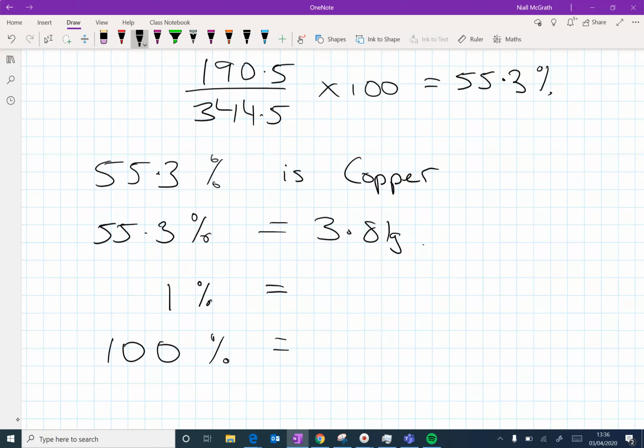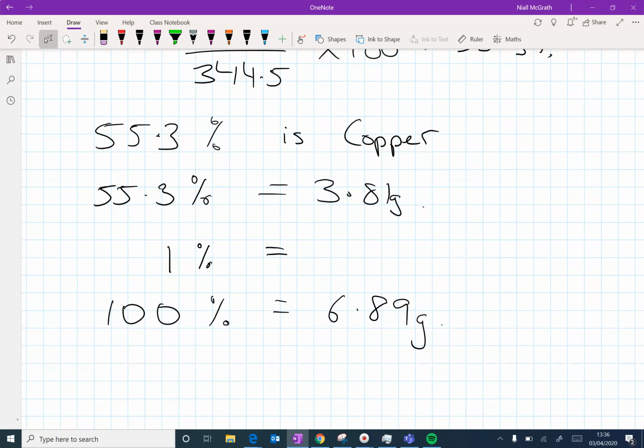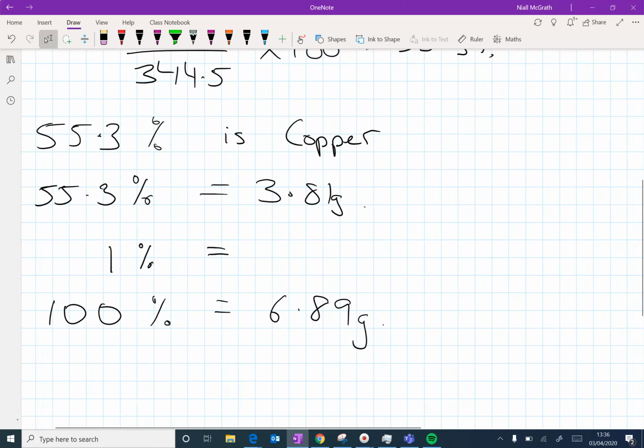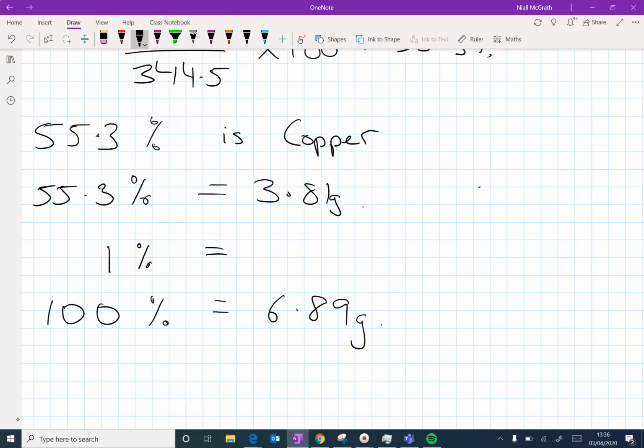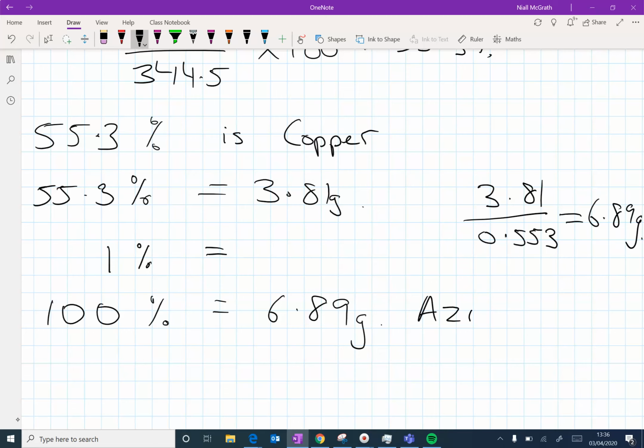That gives you 6.89 grams. Instead of dividing by 55.3 and multiplying by 100, you could just do 3.81 over 0.553, and that does the exact same thing, giving you 6.89 grams. There are a few different acceptable methods; that's just the way that I have chosen.